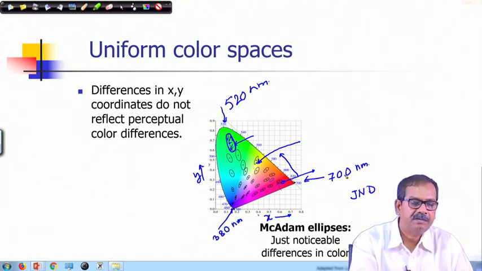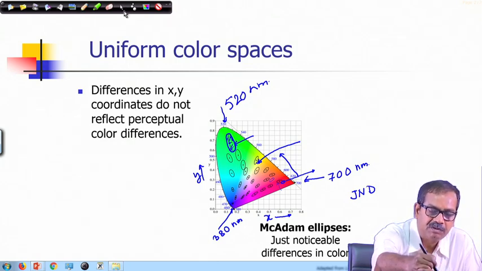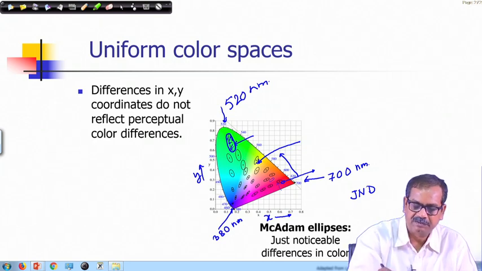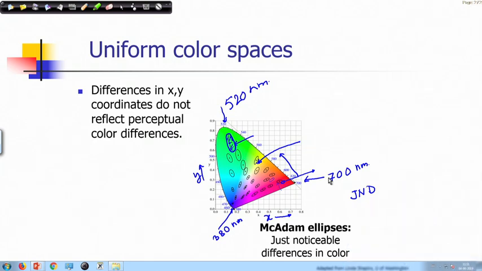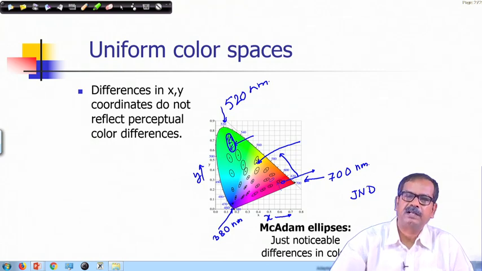So, there is another proposition for a color space where the size of the ellipses is more or less uniform. It will not be exactly uniform everywhere, but we try to minimize the variations of these sizes, and this color space is called the uniform color space.